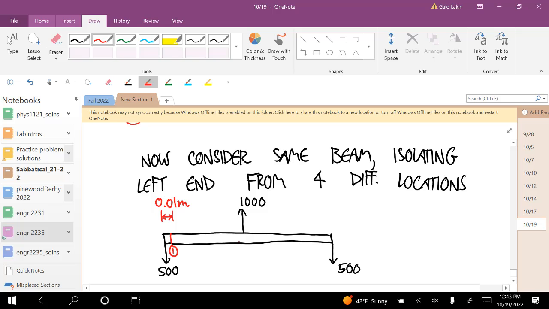And then I want to do a cut here, close to the 1,000, but on the left side. I'm going to call that cut 2. And that distance is 0.01 again. And then I want to do the same thing here, just 0.01 away on the other side of that.